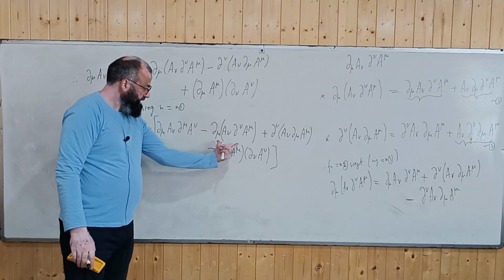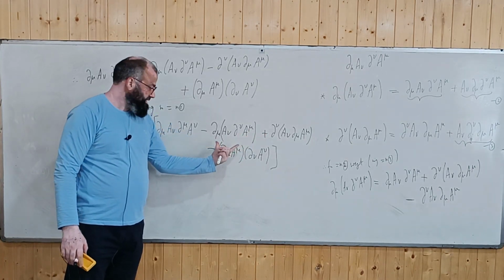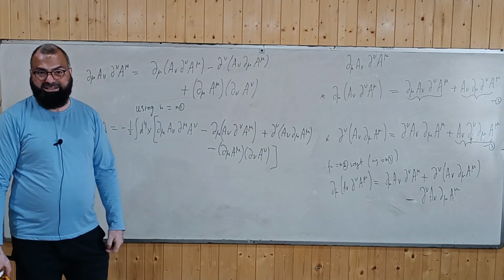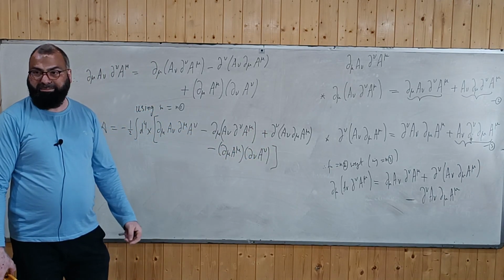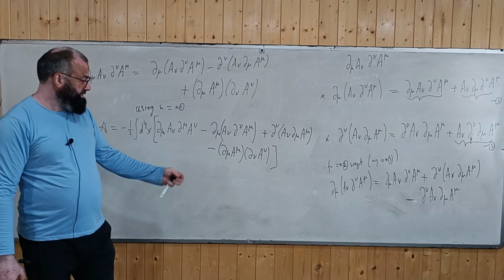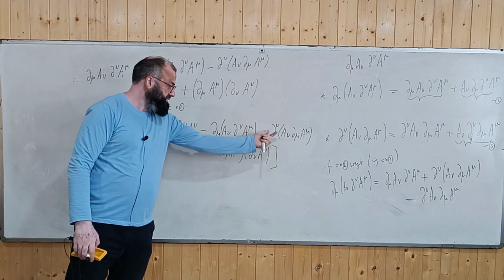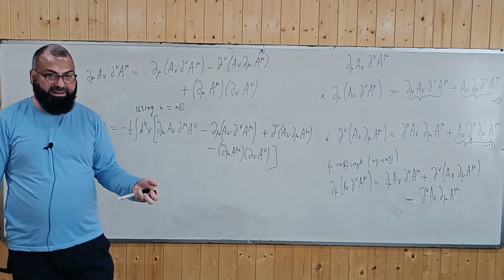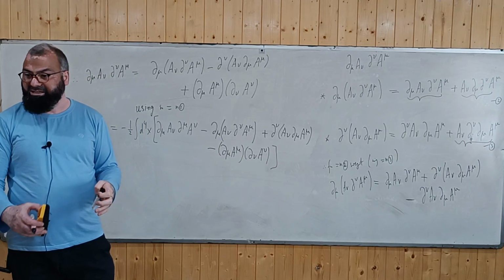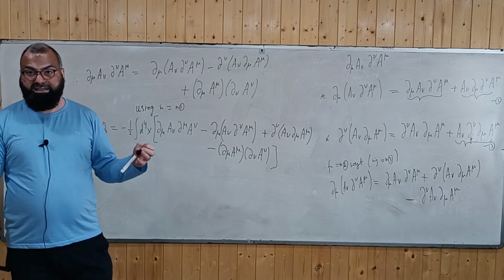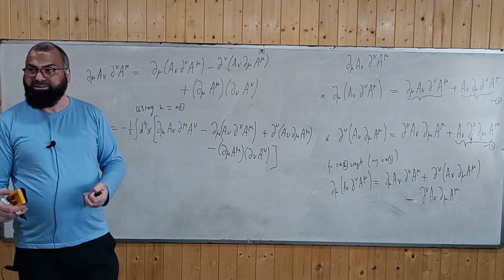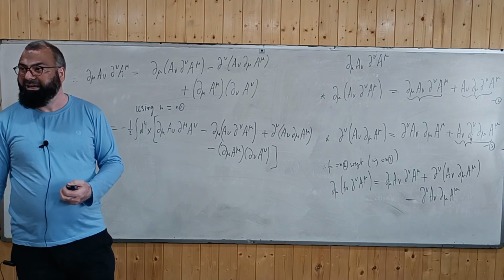Now if you see, these are two total derivatives. This is a total derivative, this is a total derivative. Total derivative will vanish at the boundaries, is it? So you can apply the Gauss law. This is actually a divergence of this object, this is also the divergence of this object. So you can convert it into the surface integral and extend the surface to infinity. At infinity, there are no sources and currents. Clear? So it means this will vanish where? At the infinity.